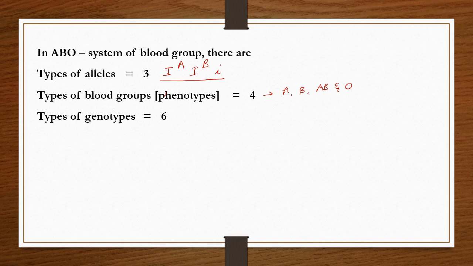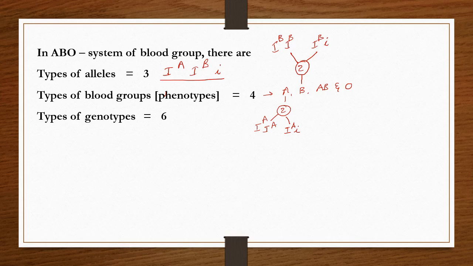For the A blood group, we can observe two genotypes. The two genotypes are homozygous IA IA and another one, IA small i. Similarly, the B blood group also has two genotypes: one is IB IB, and another genotype is IB small i.